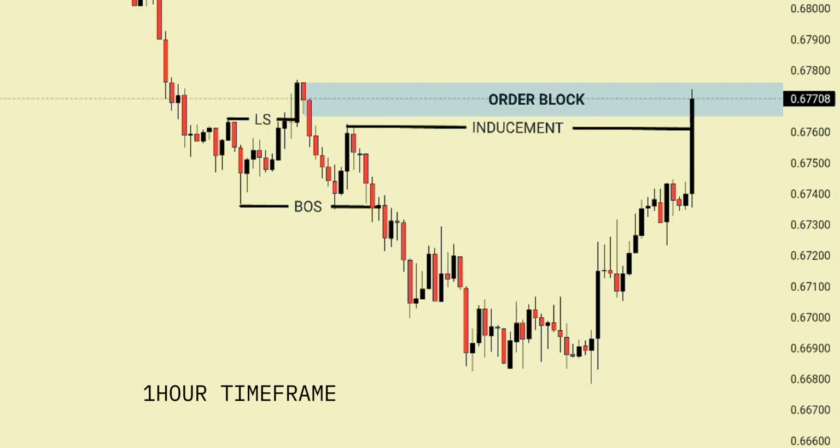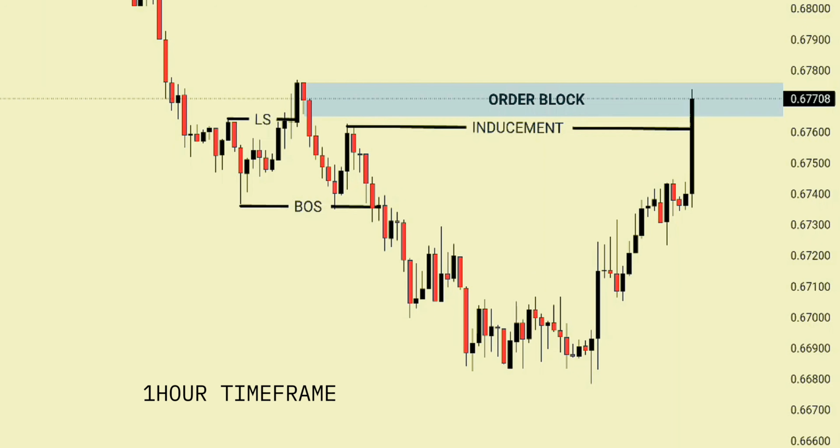This creates fresh liquidity, exactly what institutions need to execute their large sell orders. So, inducement is not random. It is part of the liquidity engineering process. It creates additional stop losses and buy-side orders that can be used as liquidity once price taps into the order block.